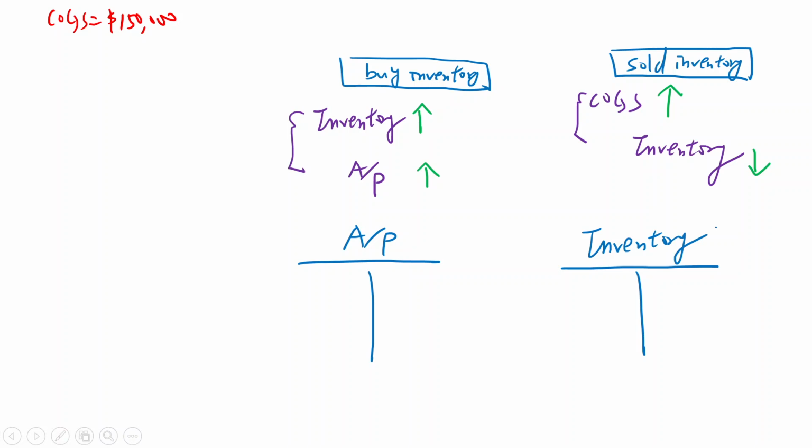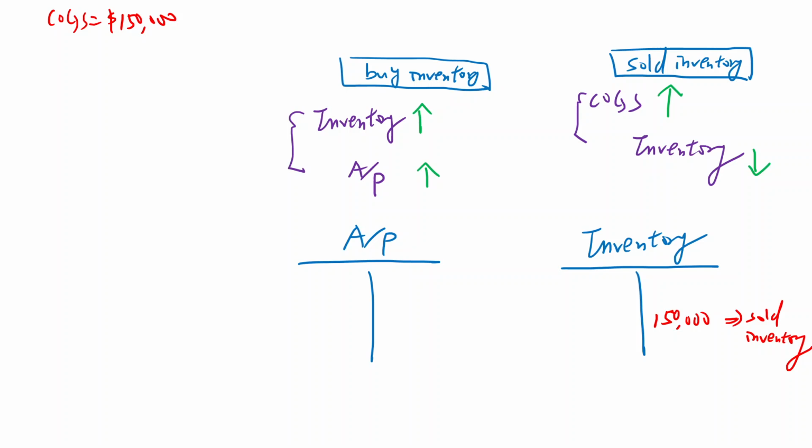Okay? So when I have a cost of goods sold $150,000 and sold, they will make your inventory decrease the same amount, right? So your inventory will be decreased $150,000. Why is that? Because you sold inventory. Okay? And don't forget, I need the help from beginning and ending balance, right?